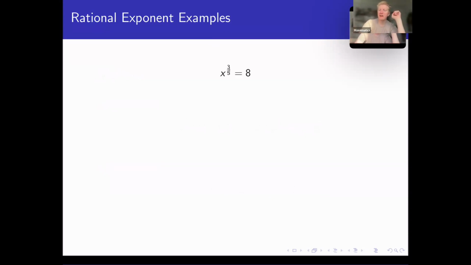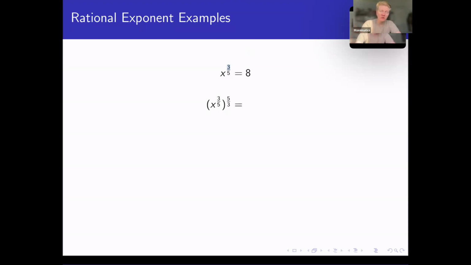X to the 3 over 5 equals 8. So what we're going to do is raise both sides to the reciprocal power. This is 3 over 5, so we're going to raise both sides to the 5 over 3. But now what we need to look at is the original numerator of our exponent. If the original numerator is even, we pick up a plus and minus.